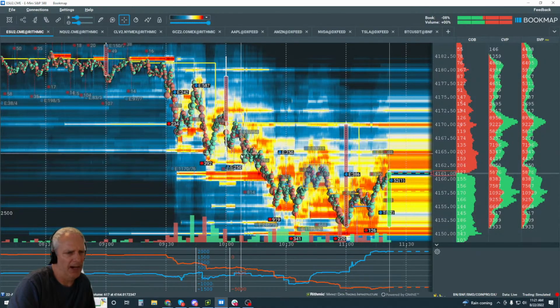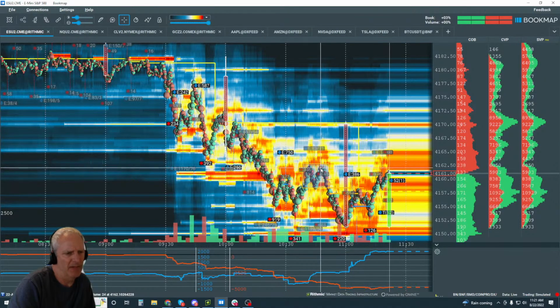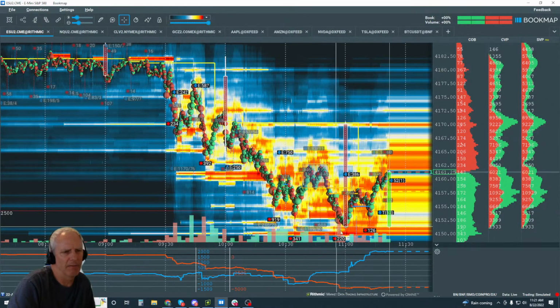Back into 65 here looks pretty good. That's where the swing is down here, and then the break of that swing here. And then above this swing here at 62. So yeah, 65 looks pretty good. It's only 4 S&P points, but we don't see a whole lot of point movement in here.